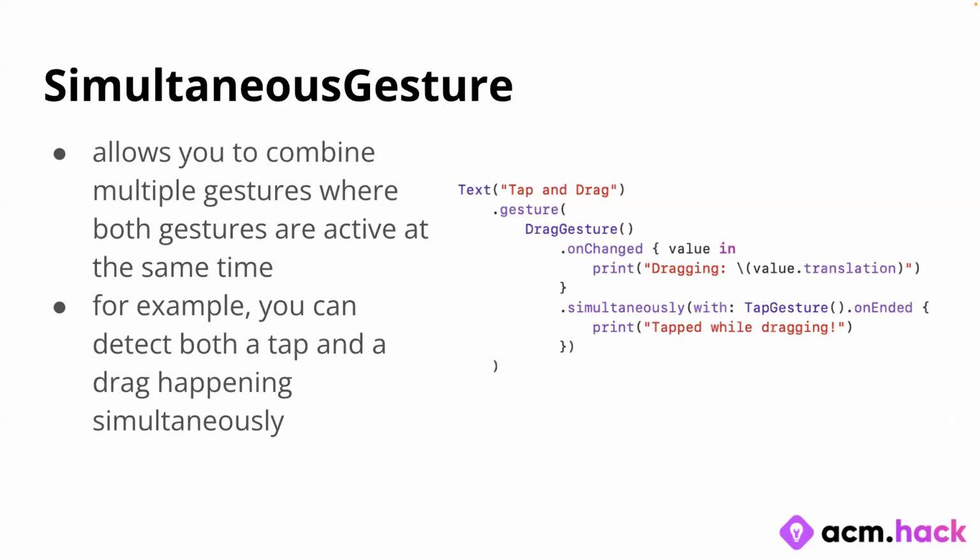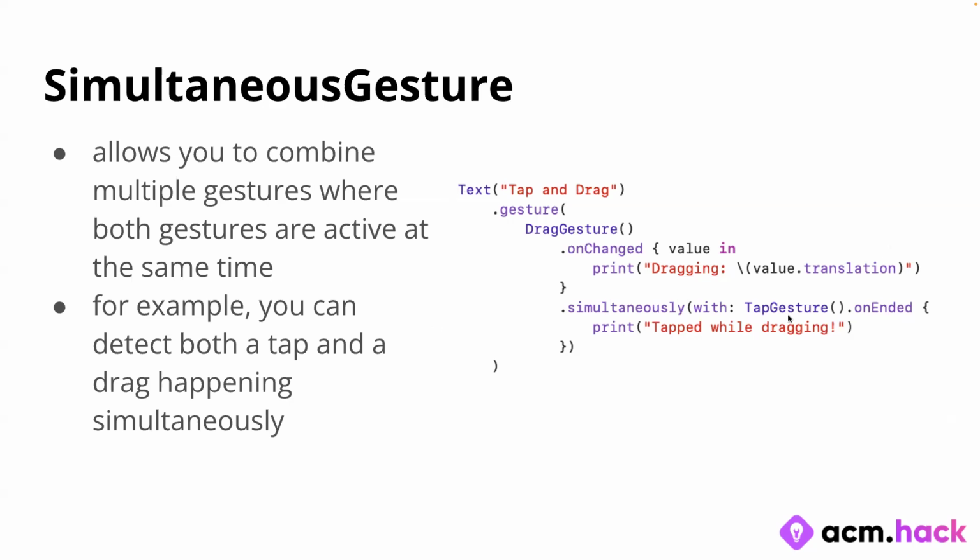I'm going to talk about two other gestures, but these are slightly different in that they're not really a kind of gesture, but ways for you to combine different gestures together. The first one is simultaneous gesture, which allows you to combine multiple gestures where both are active at the same time. For example, you can detect both a tap and a drag happening simultaneously.